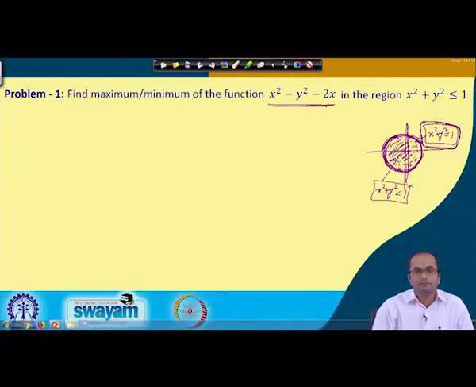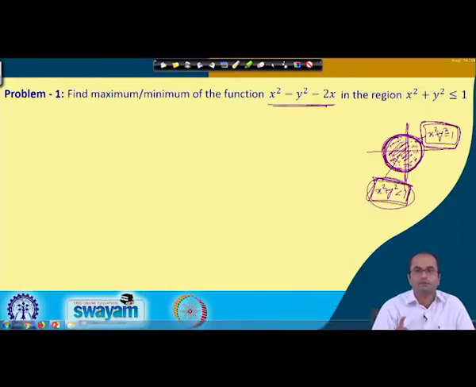And we will apply the idea already discussed in the previous lecture: we will find the critical points directly, and then see whether some of the critical points fall in this region. If they do, we will take them for further evaluation of f at those points. If the critical points do not fall in the domain, if they are outside the domain, then we can leave them, because that is not of our interest.